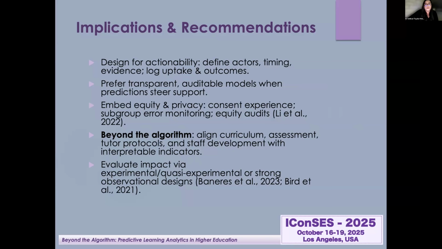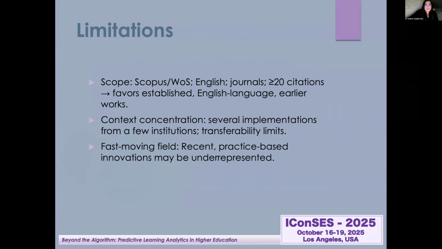For future studies, we need more experimental or strong observational designs. There are also some limitations of this study, based on the inclusion criteria and the context, because several implementations come from a few institutions, and this may limit transferability.